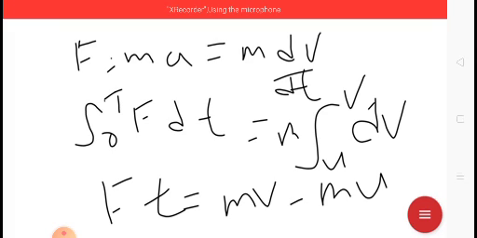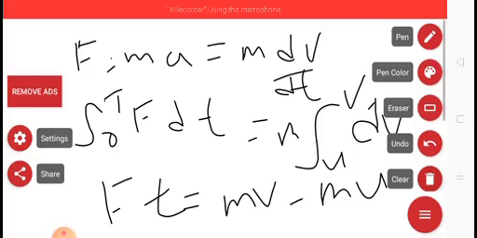Thank you. So now we proceed to question 4. For the previous 3 questions, we always used the impulse. From question 4, we will use the conservation of momentum. If momentum is conserved, we can use the law of conservation of momentum.